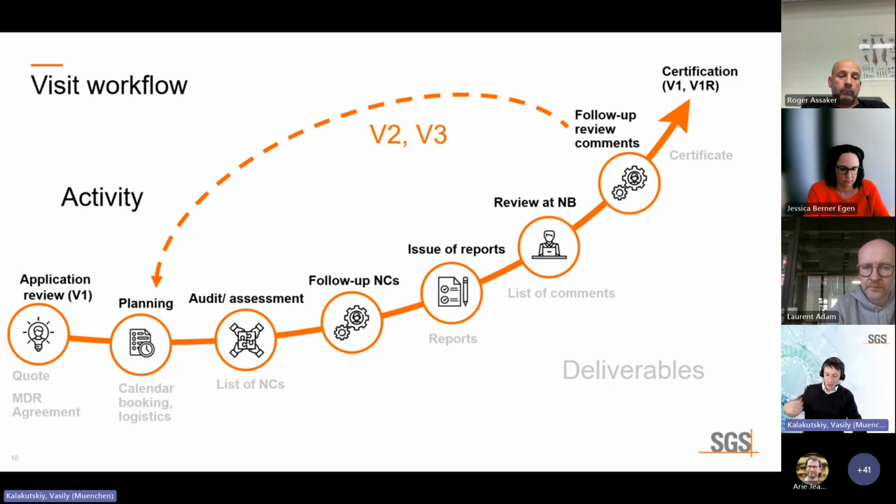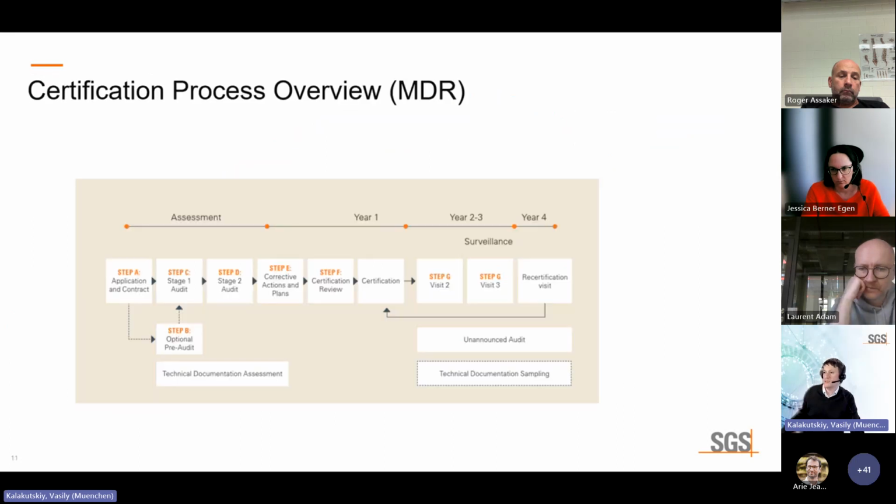And then let's again zoom out and see again the whole logic of the certification process according to MDR. So it's a long way to the certification, the assessment phase. The application, then stage 1, stage 2 audits, reacting to the non-conformities, corrective action plans, then the certification review and certification.